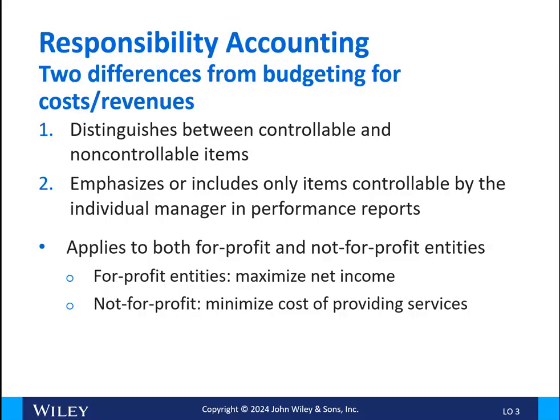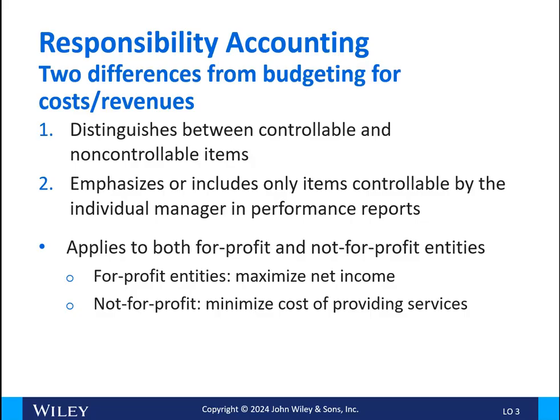There are a couple of differences from budgeting for costs and revenues. We're going to look at controllable and non-controllable items. Performance reports emphasize or include only items controllable by the individual manager. So if there are costs that are not controllable by the manager, we're not going to put them in their responsibility reporting.